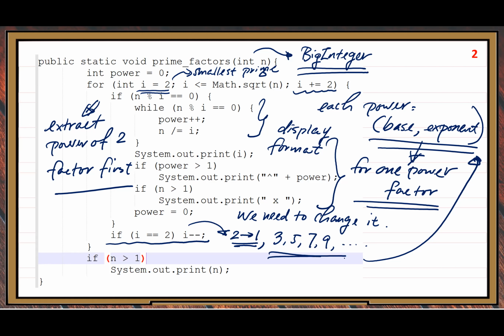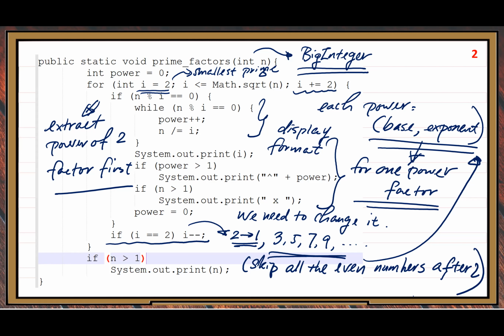So we try integer divisions by odd numbers because we do not need to consider even numbers. After 2, we know all the multiples of 2 cannot be prime, so we skip all the even numbers after 2.